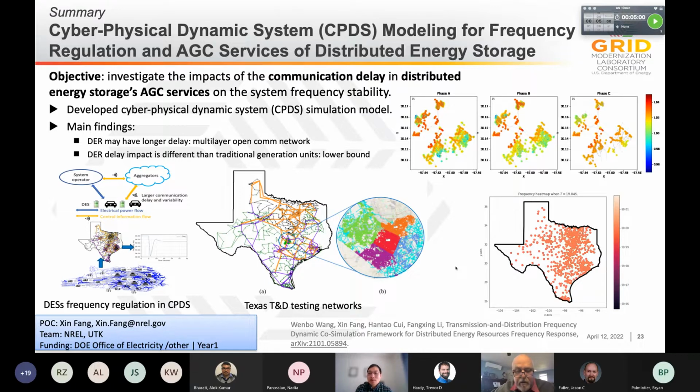Yeah, that's a good suggestion. So right now, we model this Texas system as a whole, as one balanced area to study the HC response. But definitely we can separate the transmission network into several subregions and perform simulation for the subregions separately. That maybe can expedite the simulation. Yeah, I can see it.